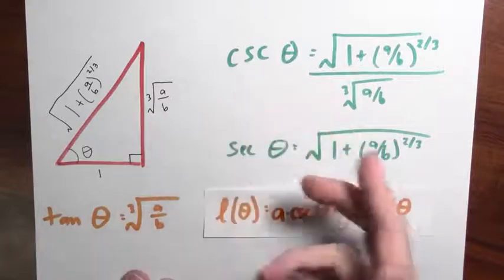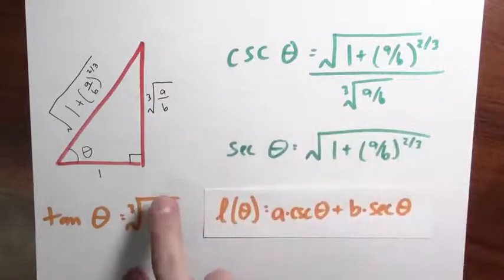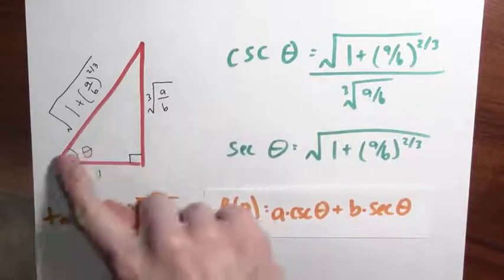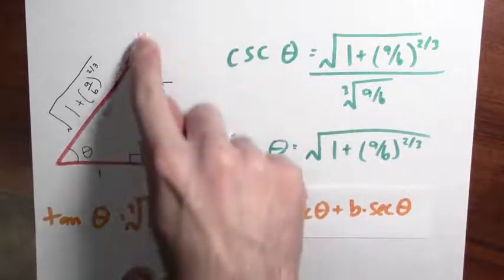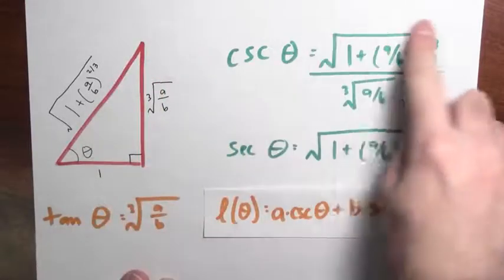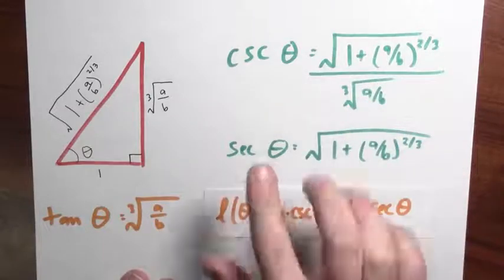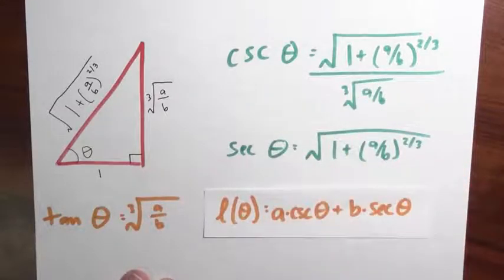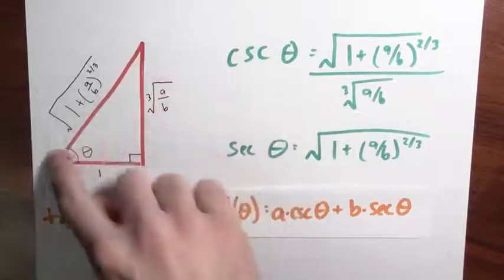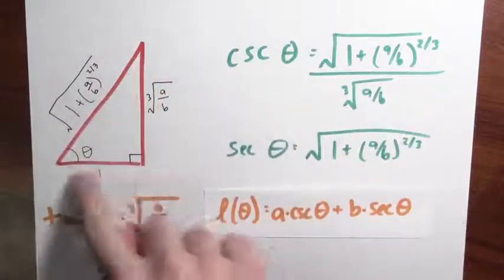So the cosecant, remember, is 1 over sine, which means it's the hypotenuse divided by the opposite side length. And secant, remember, is 1 over cosine, so that means it's the length of hypotenuse divided by this length, which is just 1.